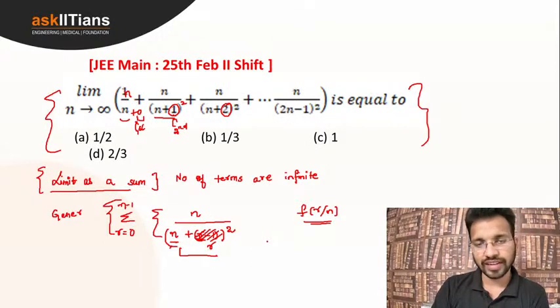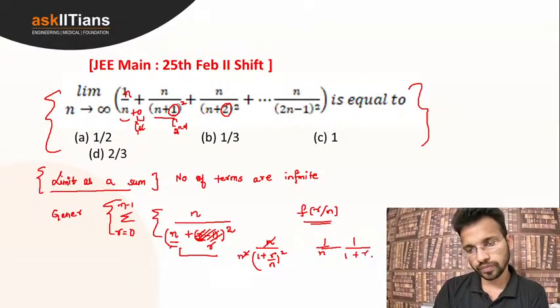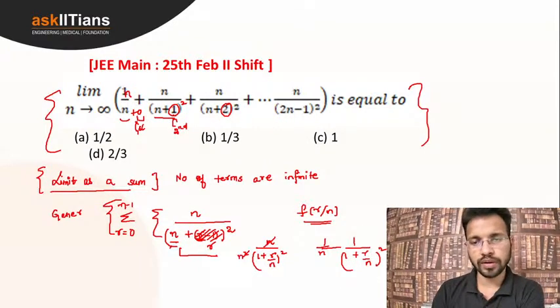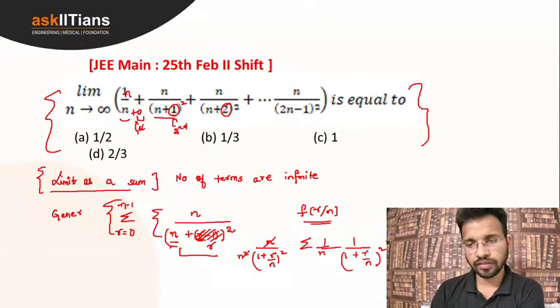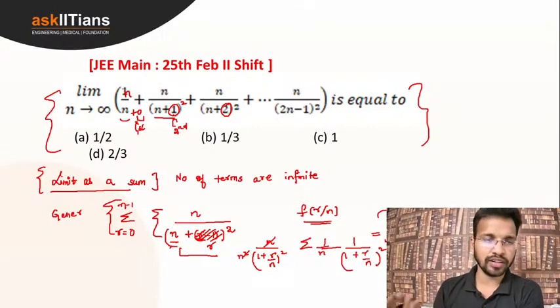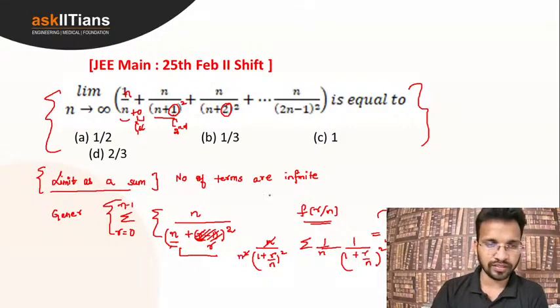So we can write it as 1 over 1 plus r by n whole square, and then this will get cancelled and we have our standard form, 1 by n. This will just become 1 over 1 plus x square. Summation will convert into integration, and all of you are geniuses after this.